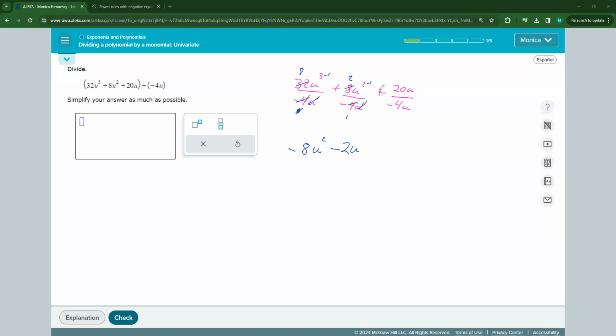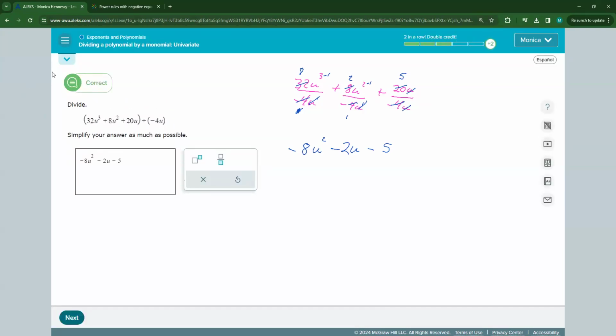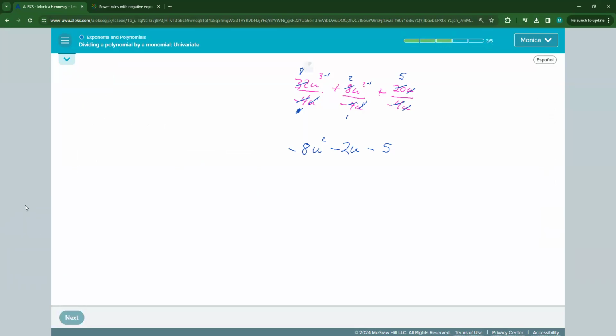All right, so positive 20 divided by a negative is negative. 20 divided by 4 is 5, and these u's cancel out. So I'm left with just 5. So type my answer in: negative 8u to the 2nd minus 2u minus 5.